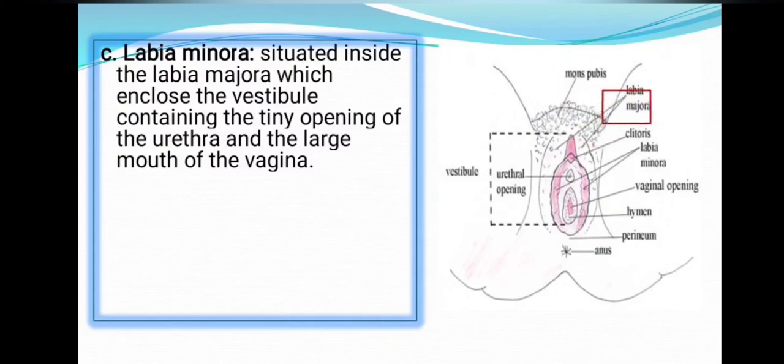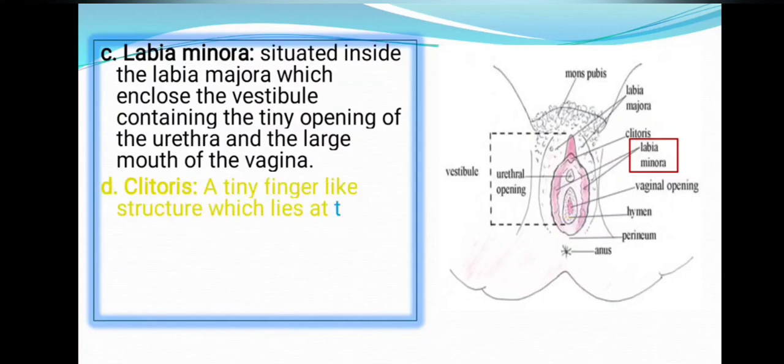You can see here is the labia minora, which is situated inside the labia majora and encloses the vestibule. Here this region is called the vestibule. This vestibule consists of a tiny urethral opening and the large opening of the vagina.